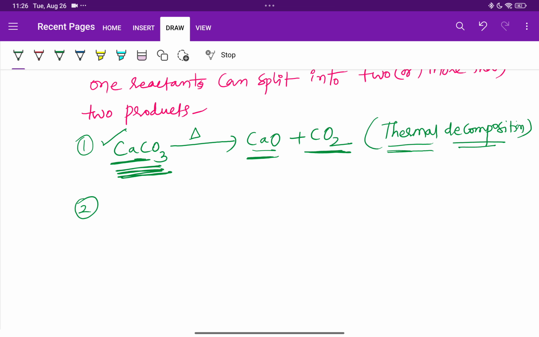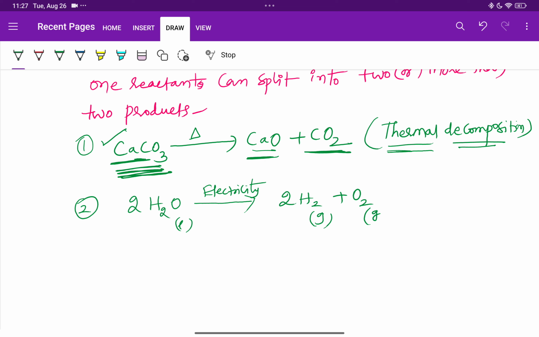Then we also have a second type of decomposition. I have taken water, the liquid, and I am passing electricity into the water. With the help of a water heater, we can observe this in the winter season. So when we pass electricity into the water, it can be broken into hydrogen gas and oxygen gas.